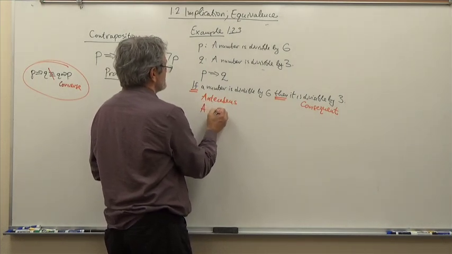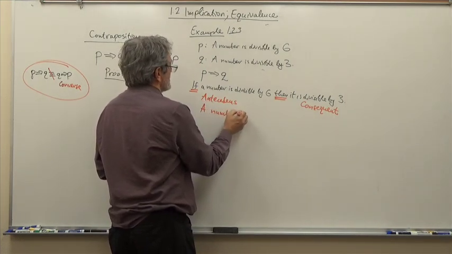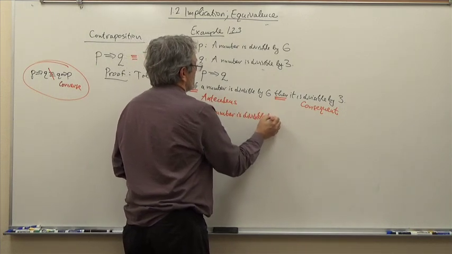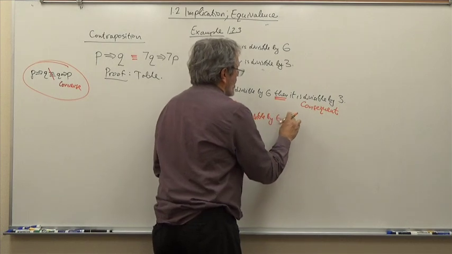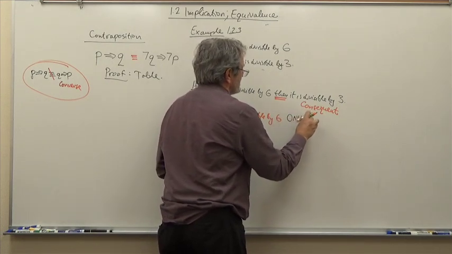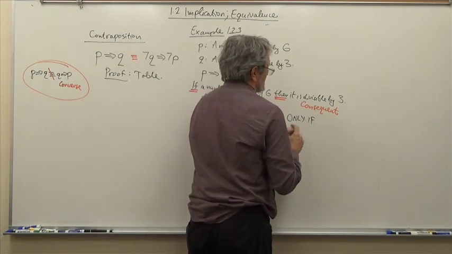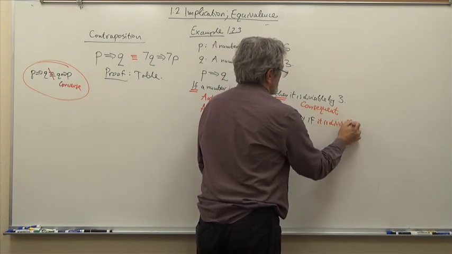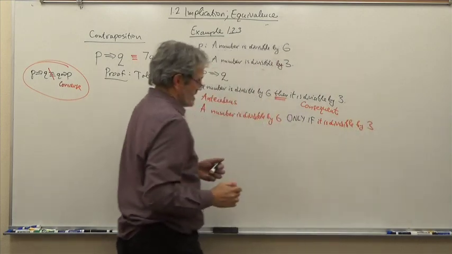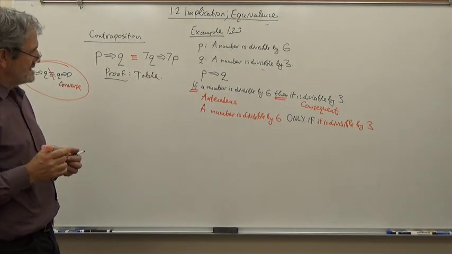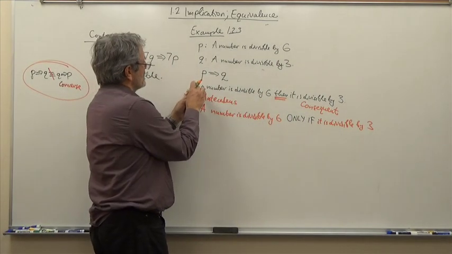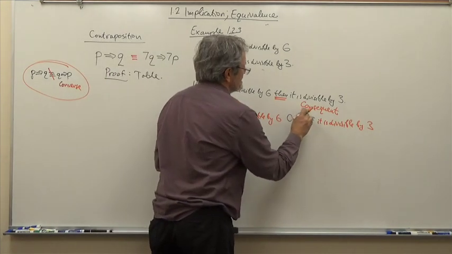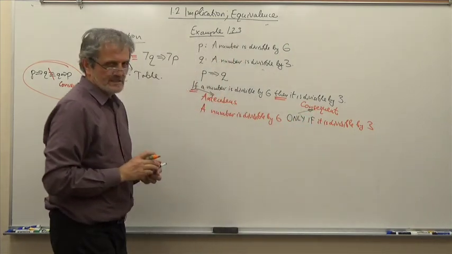A number is divisible by 6 only if it is divisible by 3. So generally, you see, if is always attached to the antecedent, and only if is attached to the consequent.